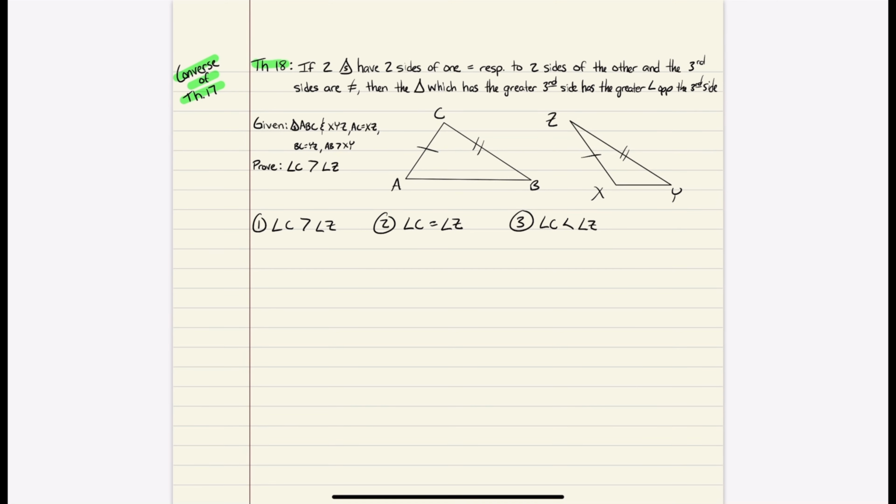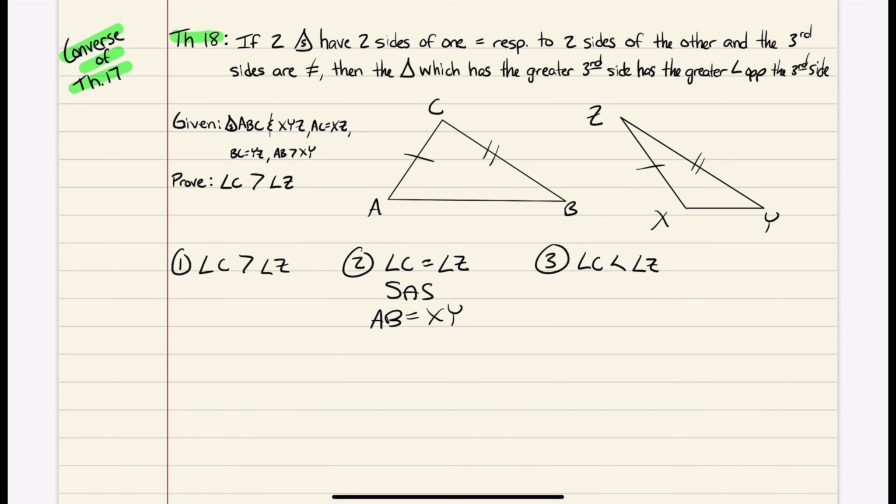And we would have something called side, angle, side. These two triangles would be congruent by side, angle, side, which would mean that AB would equal XY. There's our contradiction. We are told already in the given that AB is greater than XY, that it does not equal XY. And these would have to be equal by corresponding parts of congruent triangles if these are congruent triangles. So that is out of the picture.